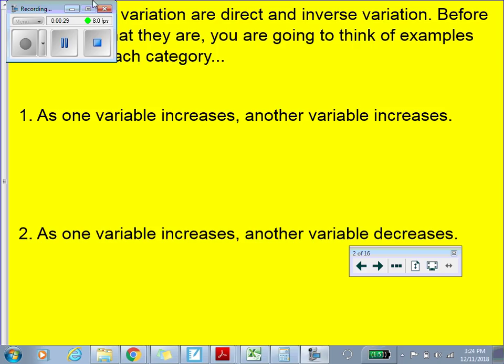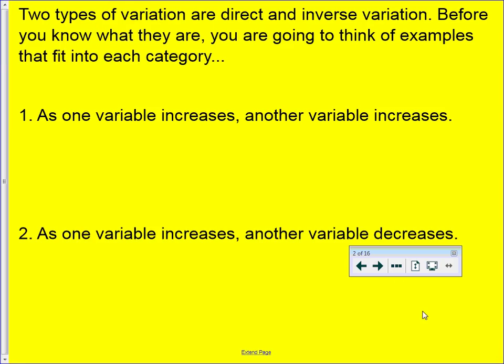This is actually something that I want you, after I explain it, to pause the video and read and try to write down any examples that you think. So we have two types of variation that we're going to study, direct and inverse variation. Before you even know what these actually are, you're going to think of examples that fit into the two categories below.